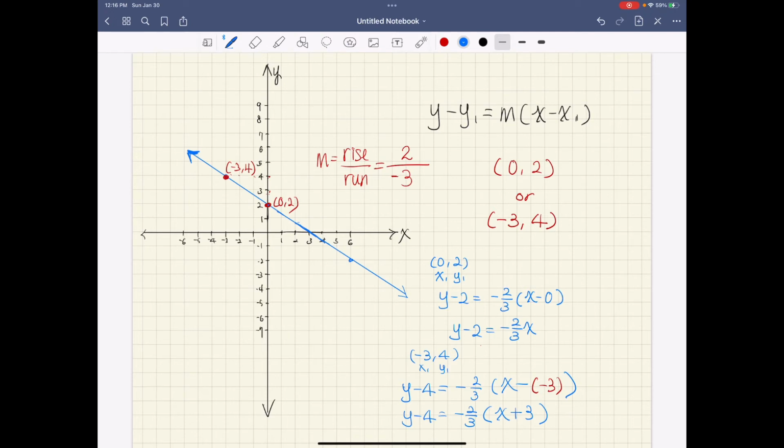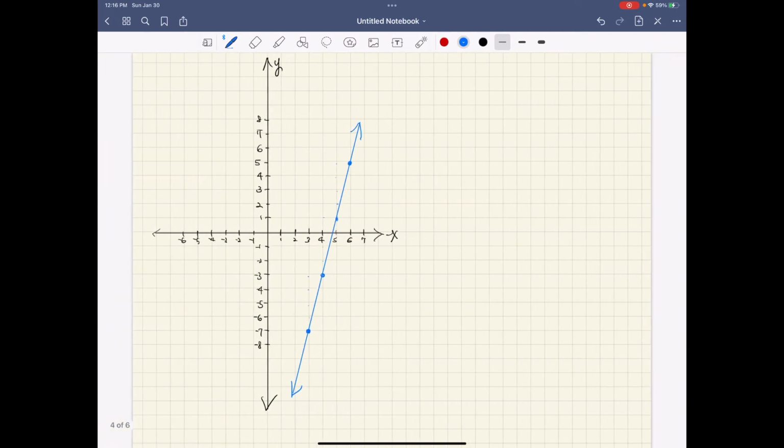Okay. Next, try one more. Y minus y1 is equal to m times x minus x1. So find the slope first. Rise over run.